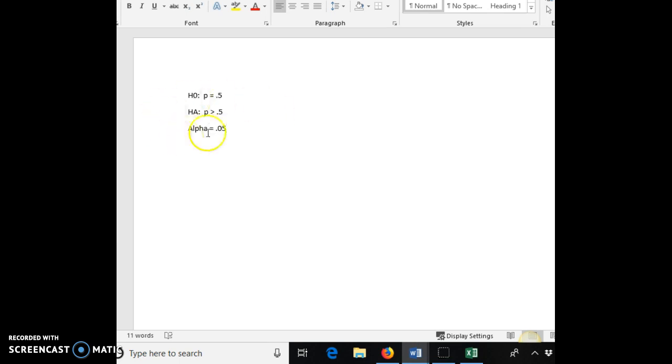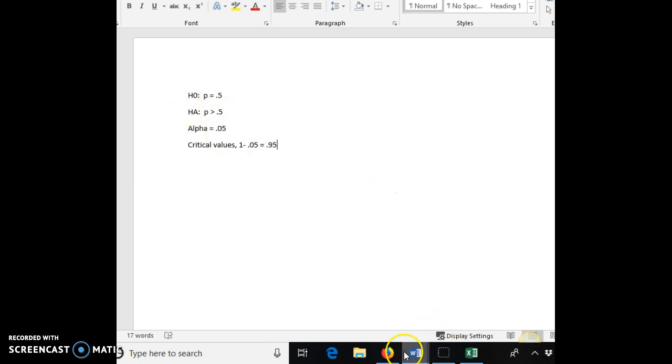All right, now this is a right-tailed test, so we're going to look up our critical values. And remember, with a right-tailed test, we have to subtract this from 1. So we're going to look up 0.95. There were 500 people in the sample, so it is large.